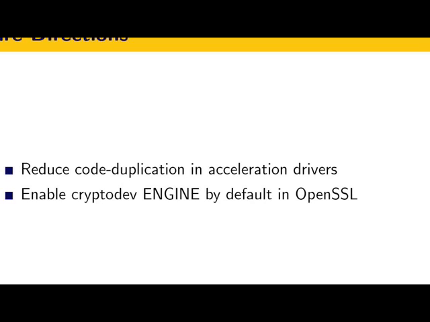Another thing I would like to do is enable the cryptodev engine in OpenSSL by default, but in such a way that if acceleration is going to actually be deceleration and slow things down, the engine won't be used, but I've not found a way to do that reliably yet.